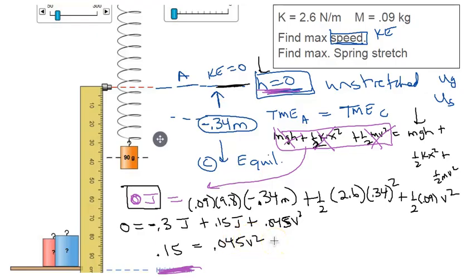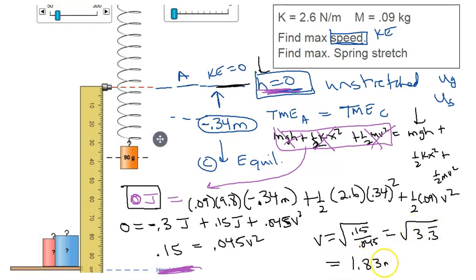And then see, everything's okay, it's going to work out. We're not going to take the square root of a negative number. You end up getting v is the square root of 0.15 over 0.045, which is the square root of 3.3 repeating, which is 1.83 meters per second. That is the speed at that instant.